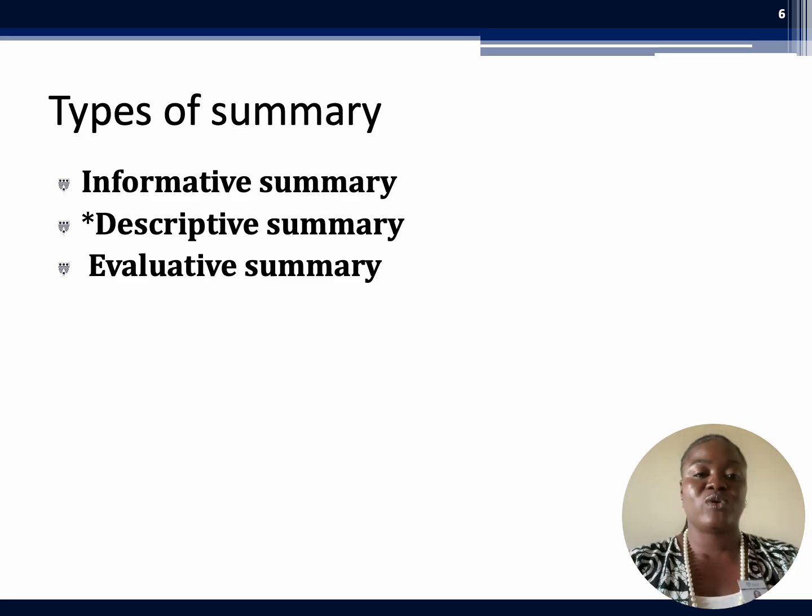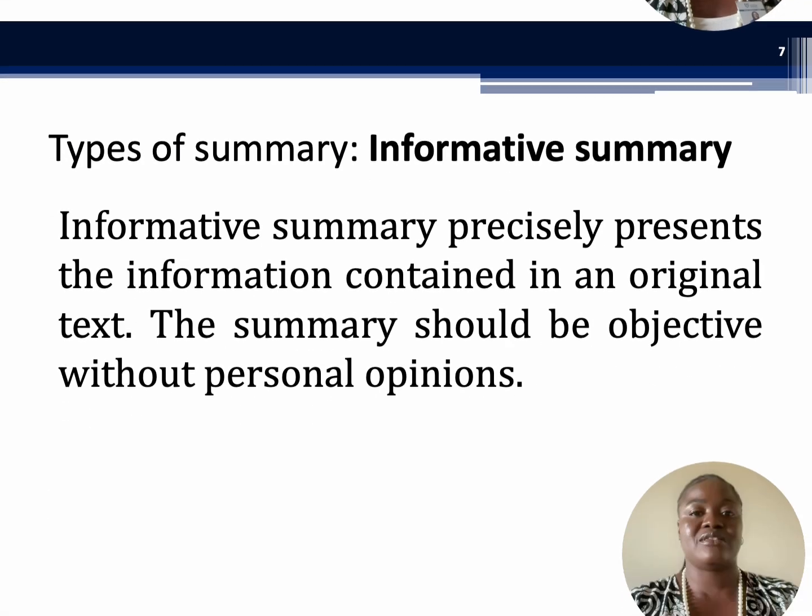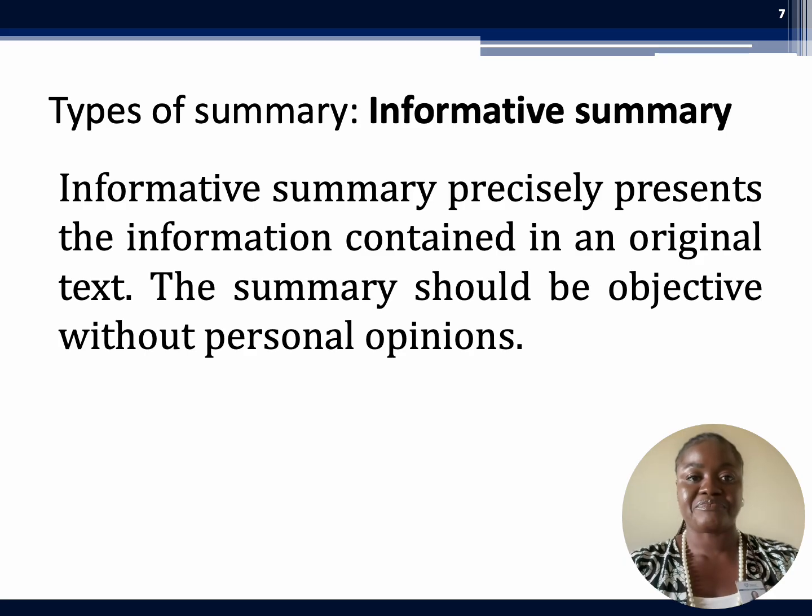So let's begin with the informative summary. Informative summaries are neutral. They are objective. They present the original author's ideas without adding commentary, judgment, or personal opinions. They just present the information as is contained in the original text.